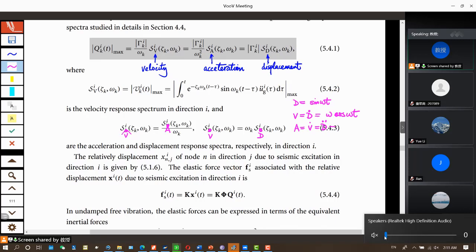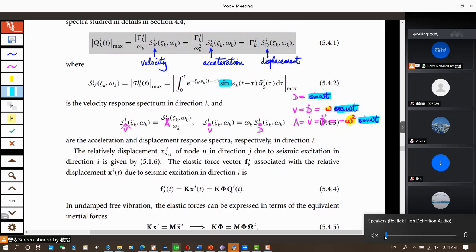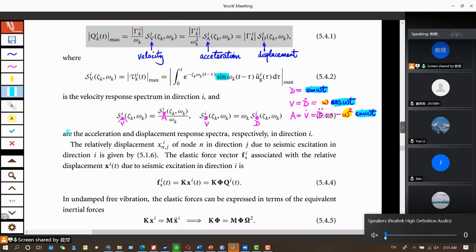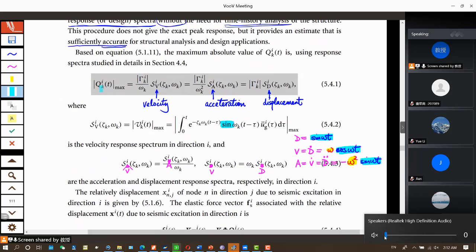Once we have the maximum modal response, we can evaluate the maximum elastic force. The elastic force is related to displacement, similar to a spring, F equal to Kx.